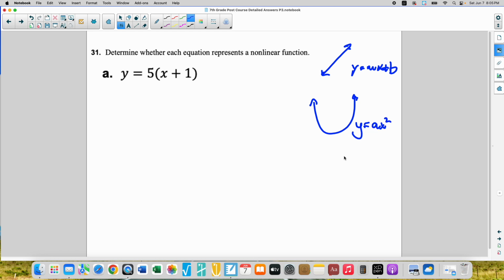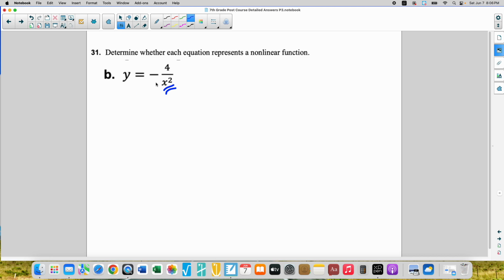You can also get y equals ax cubed, and you can get different ones. So those are nonlinear. Since this equation will simplify to 5x plus 5, that is going to be a linear function. So it is not nonlinear. It is linear.